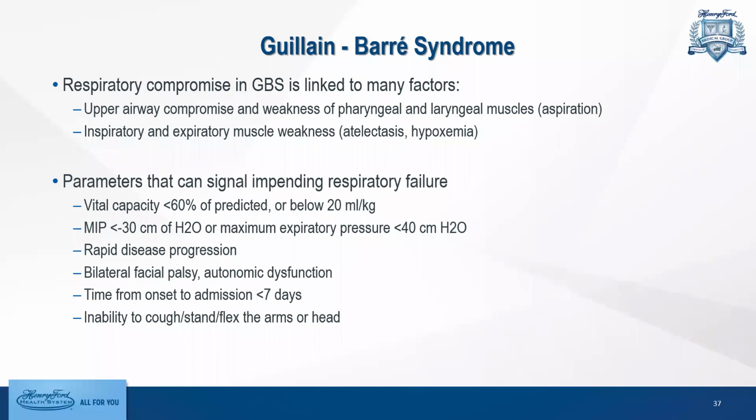Also, MIP less negative than -30, or maximum expiratory pressure less than 40. Rapid disease progression, bilateral facial palsy, autonomic dysfunction, time from onset to admission less than 7 days, and inability to cough, stand, or flex the arm or head are very alarming features that your patient is headed towards respiratory failure and would require ventilation.